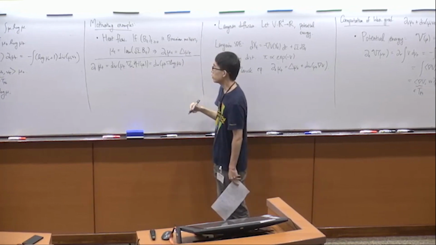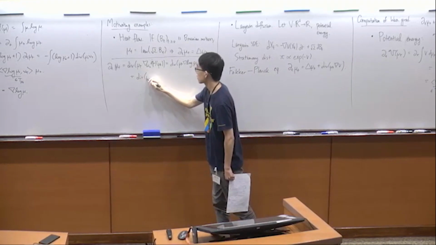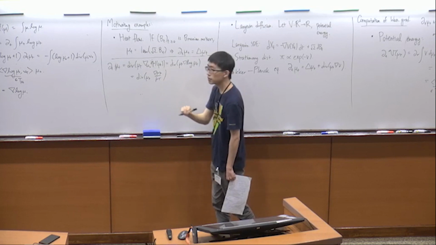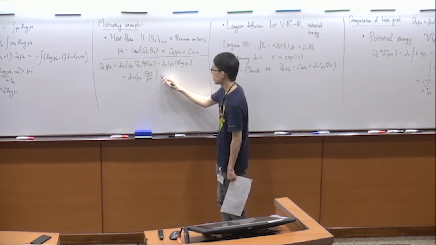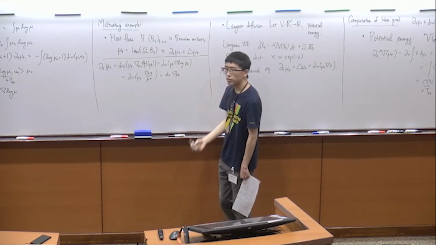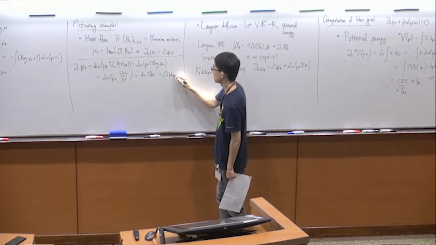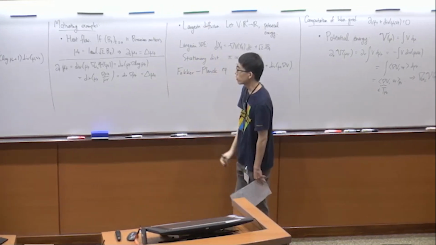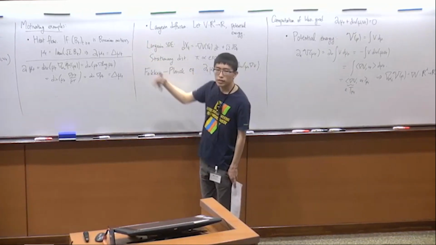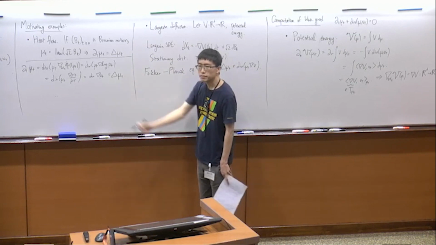And now we're going to do some manipulations here. The gradient of the log, by the chain rule, is the gradient of mu t over mu t. The mu t's are going to cancel, so I get the divergence of the gradient. But the divergence of the gradient is the same thing as the Laplacian. So in this way, we've recovered the heat equation. And that shows you that the heat flow is the Wasserstein gradient flow for the entropy.